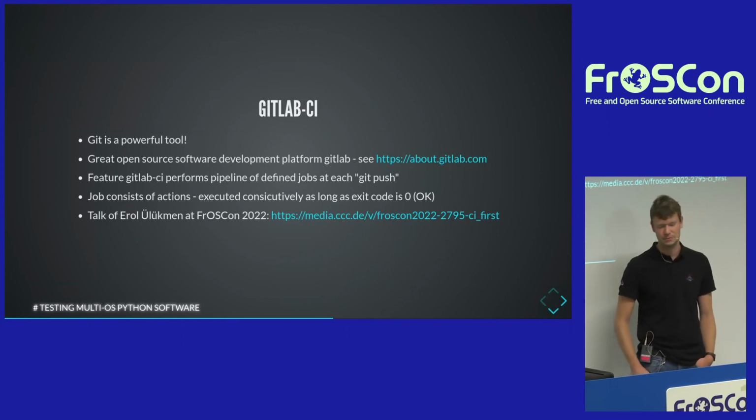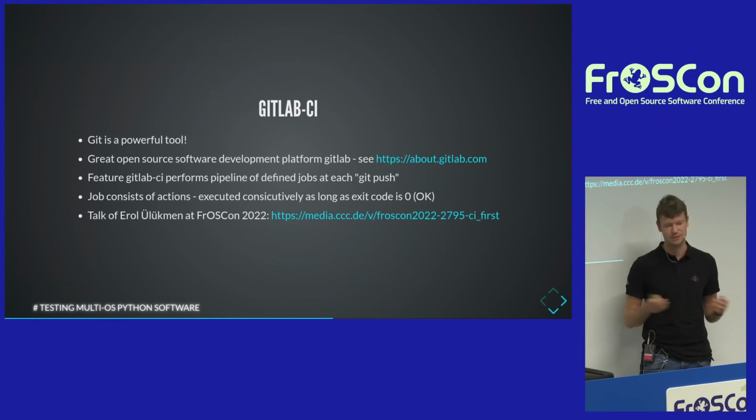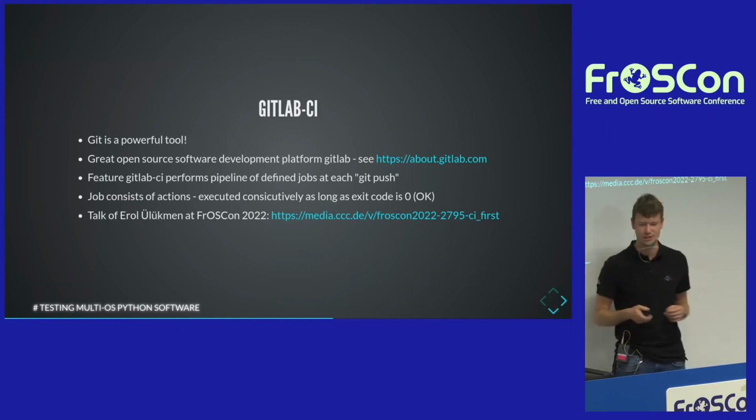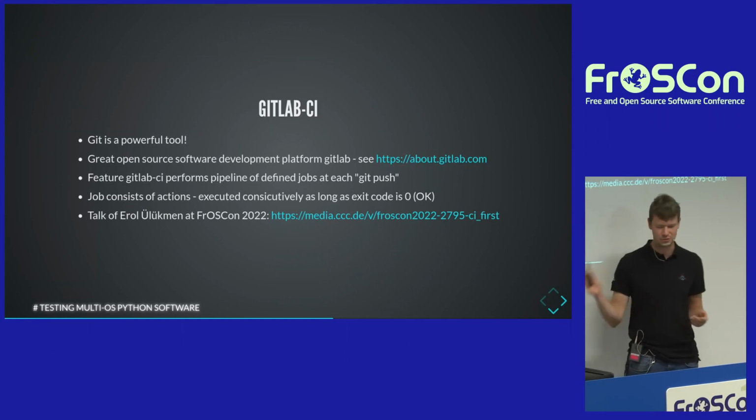By writing a pipeline. A pipeline is a series of jobs, and these jobs consist of actions, and these actions are basically just shell commands, or can be any shell, bash, or even PowerShell, or anything.